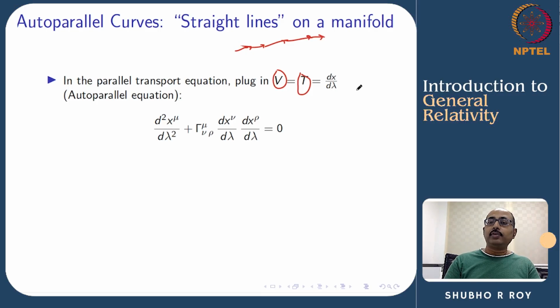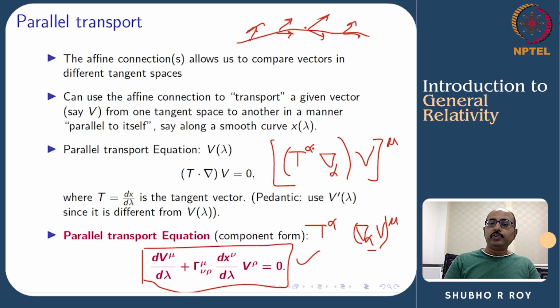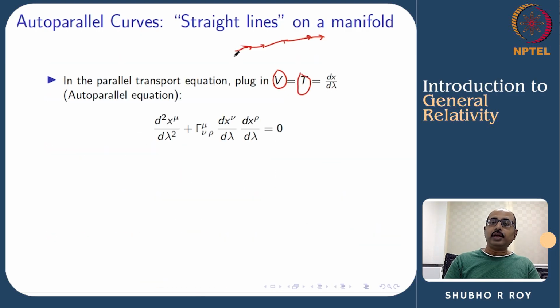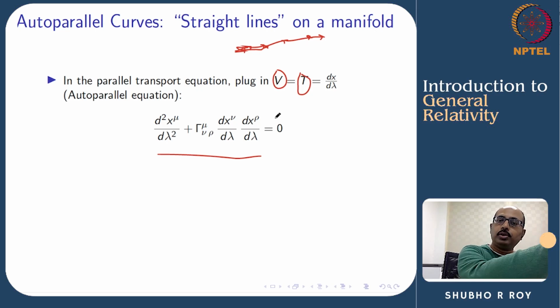In contrast to the previous case where a curve is given, here we are trying to determine a curve which is obtained by parallel transporting the given vector parallel to itself. We are not specifying a curve beforehand. We're just saying, let's imagine a curve in which the tangent vector is parallel transported to itself, and then what would that equation be? And that equation is this.